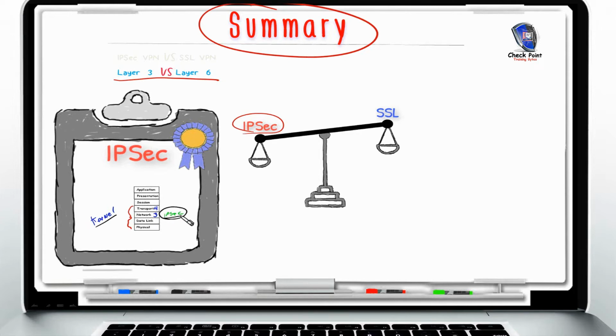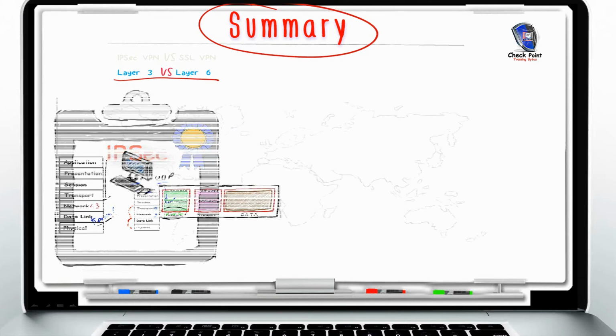So pretty much any protocol or application can be encrypted over IPSEC VPN as long as these protocols and applications work at Layer 3 and above. And this is one of the biggest advantages of using IPSEC VPN because you can encrypt every TCP and every UDP application, including pretty much every other application that can be encrypted through an IPSEC VPN tunnel.